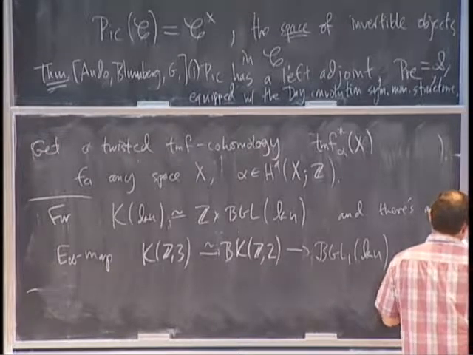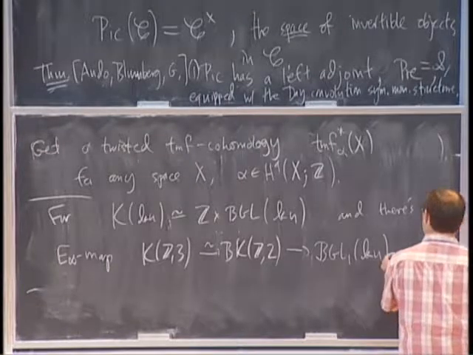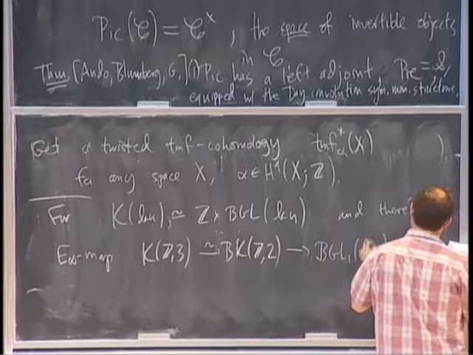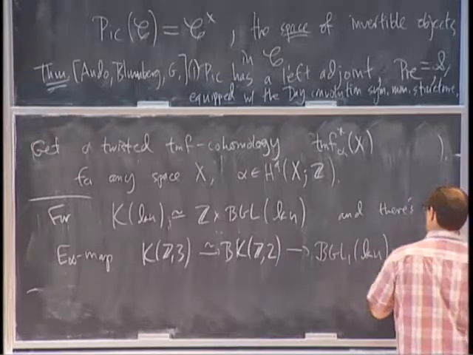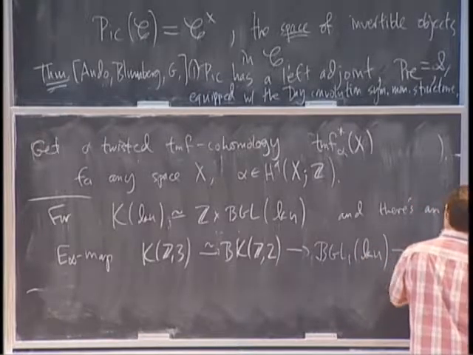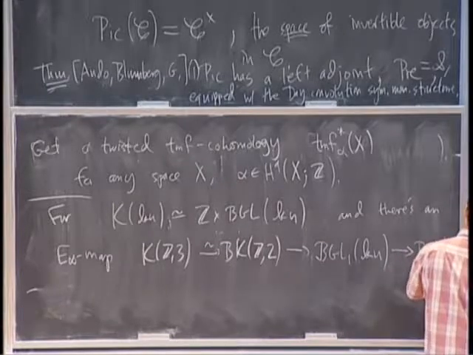Which maps, by a determinant map, well, not really determinant, into BGL infinity of KU.